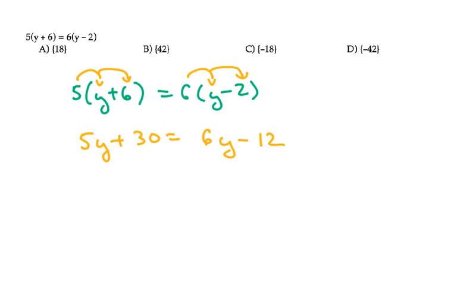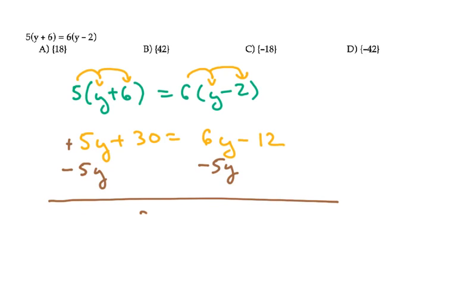However, this technically is a plus 5y, so I could subtract 5y from both sides, and I could put my y's together. Note also, if I wanted to, I could subtract 6y to the other side, and I would get negative y. I did the initial step of subtracting 5y because I wanted to keep y positive.